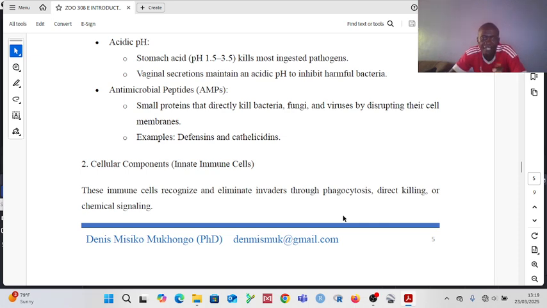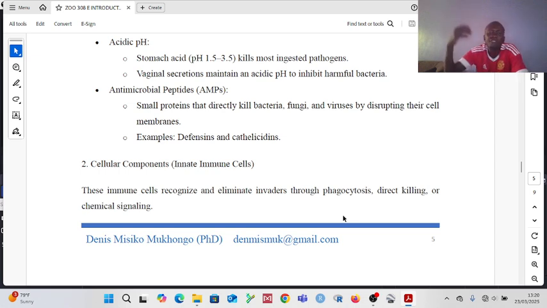So zinajua gani ndio invader na gani is part of your normal body cell. So once they've recognized the invader, then they eliminate that invader. They spare your normal body cell. The elimination of the invader happens through phagocytosis, direct killing, or chemical signaling.